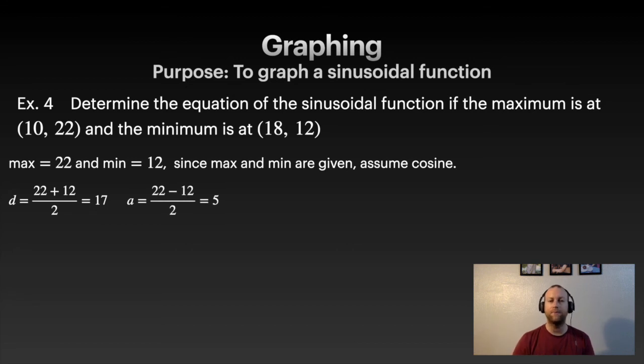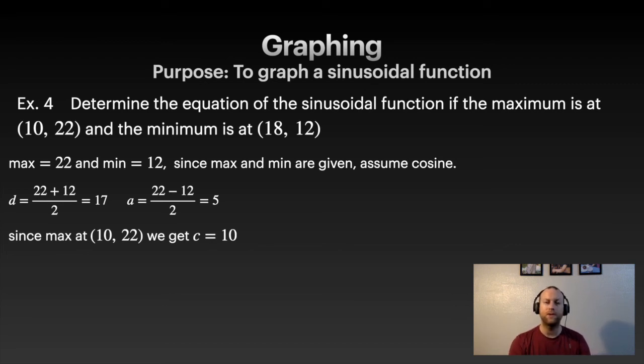We can get the amplitude from this as well. Again, those are just equations I've given you already. This is what I said before. Let's just say we're dealing with cosine. Maximum is where we start, so therefore my phase shift is 10. I'm shifting 10 in the x value or t value, whatever it is in this case. That'll make our lives easier.